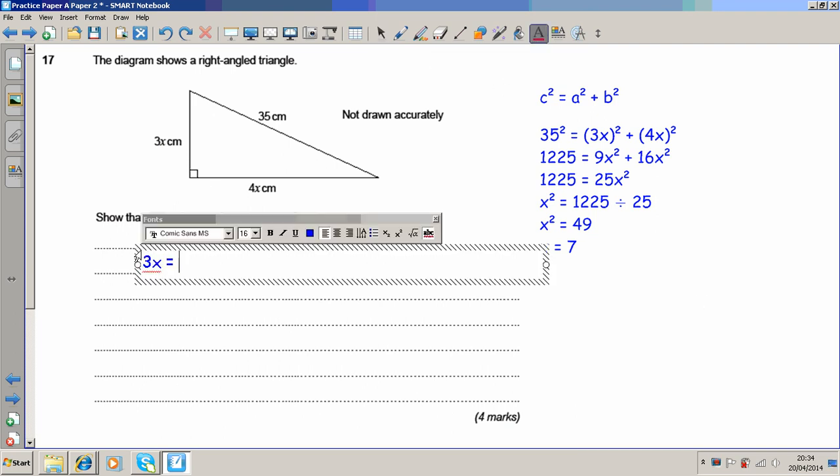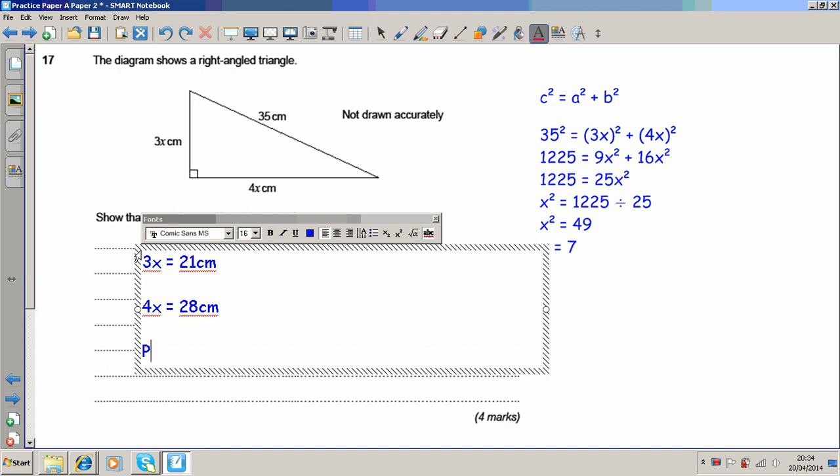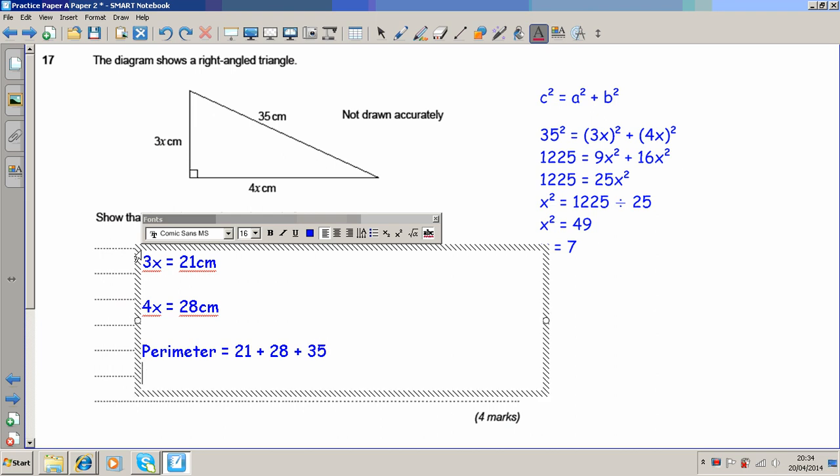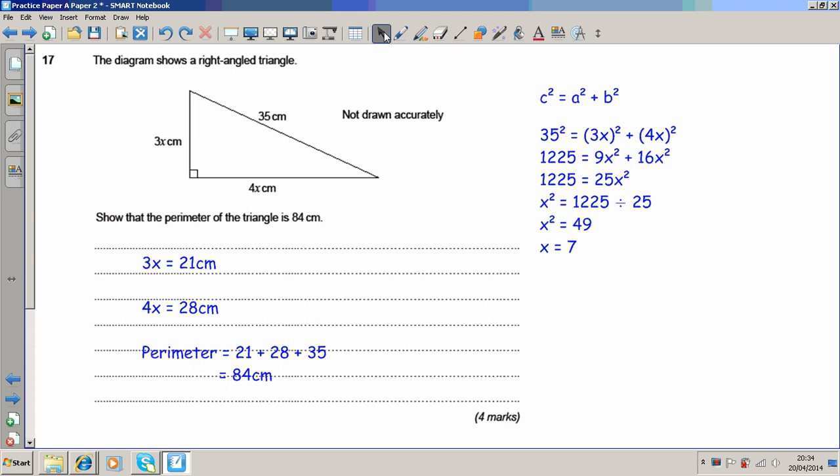So 3x is 3 times 7 is 21 centimetres, 4x is 4 times 7 is 28 centimetres, so perimeter is 21, add 28, add 35, which is equal to 84 centimetres, which is what it wants us to show.